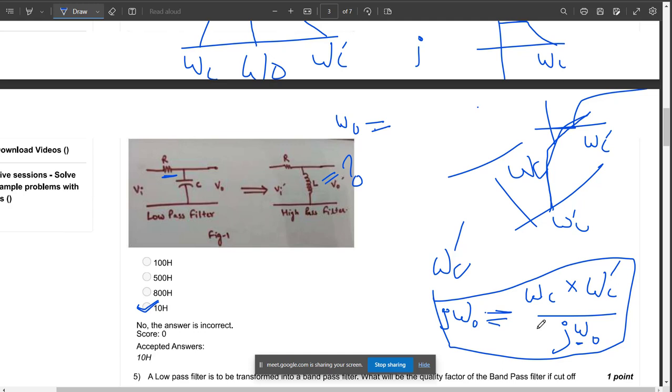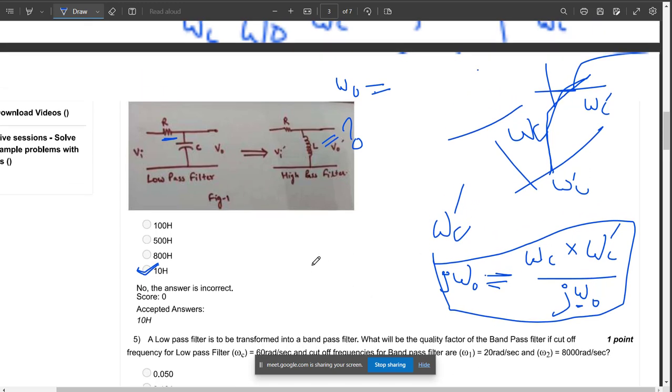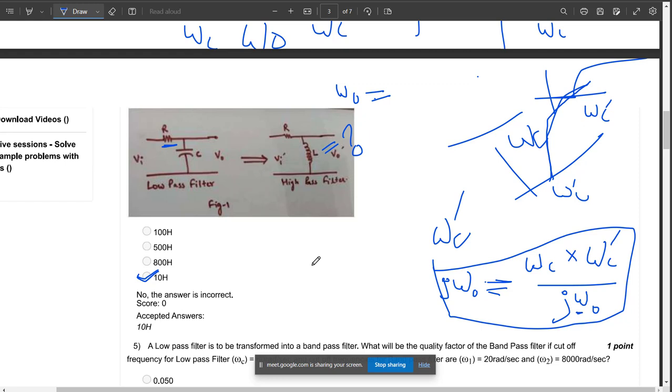In further questions also we'll solve this; even in the next question itself we have something like this, so we'll discuss the kind of thing that we are discussing right now.